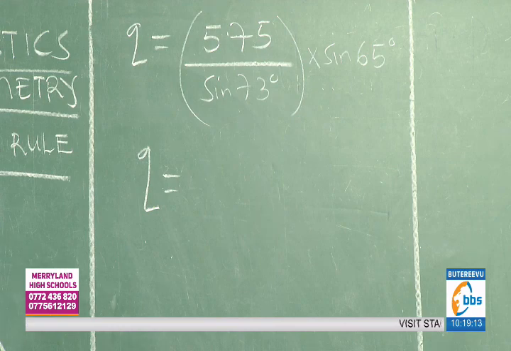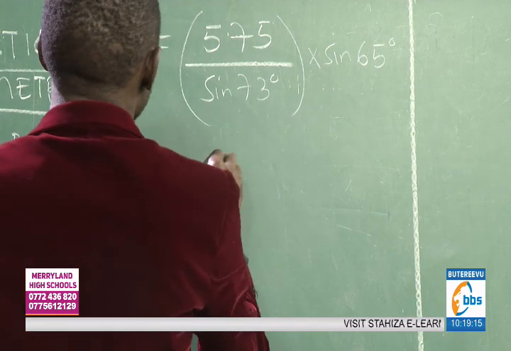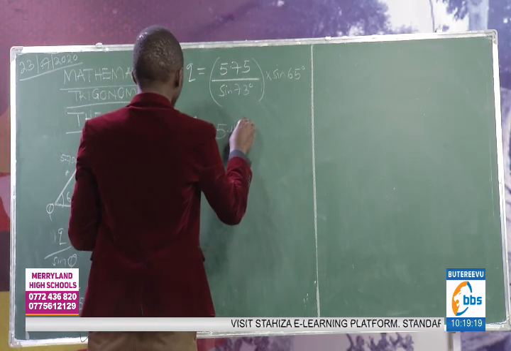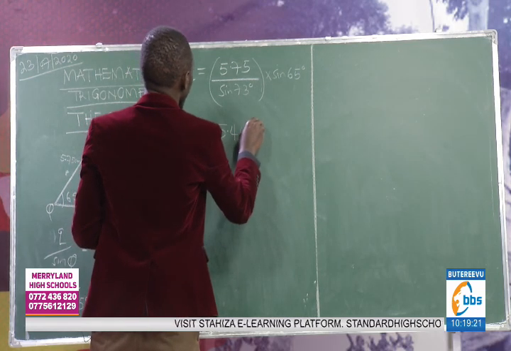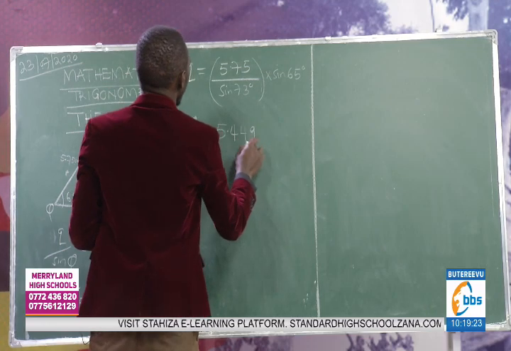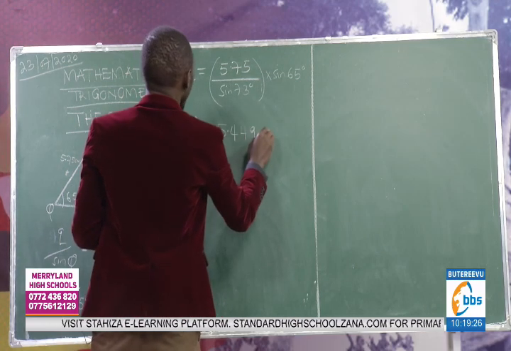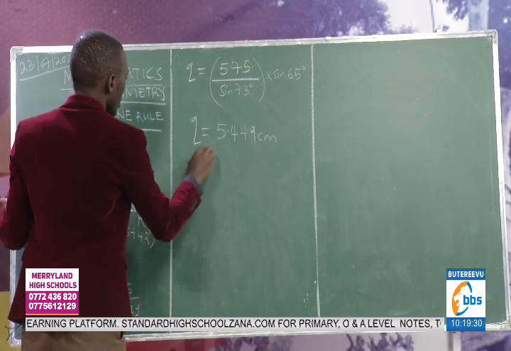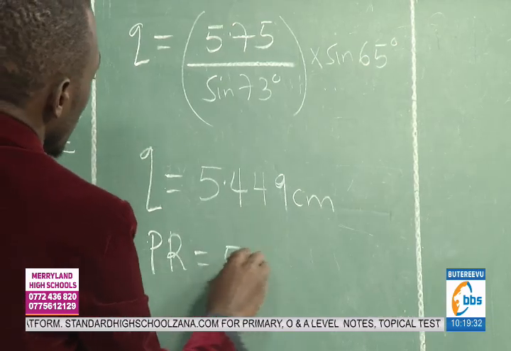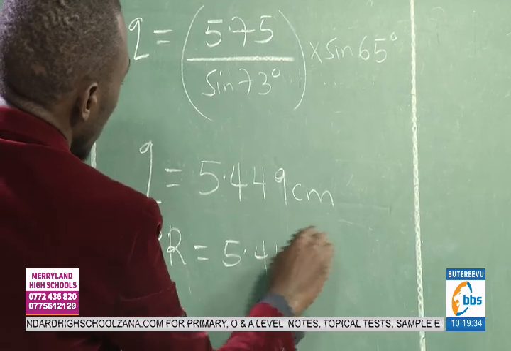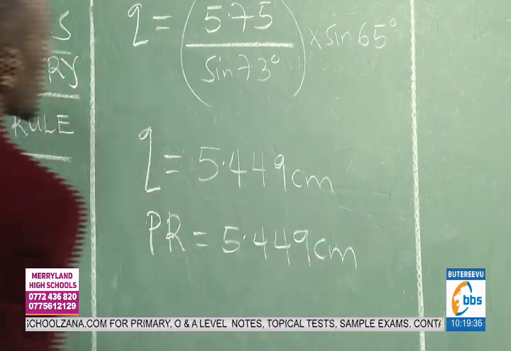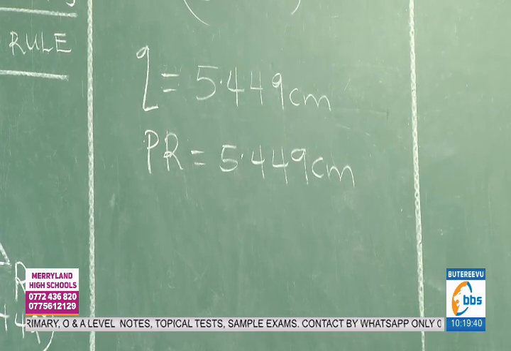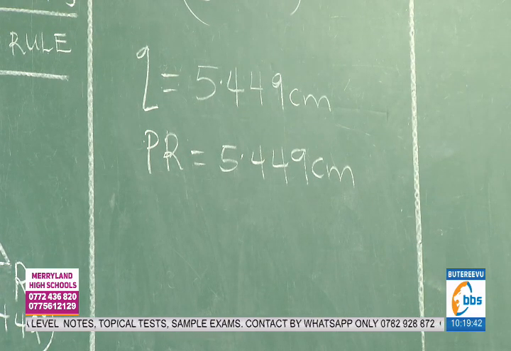So you get the answer as 5.4449, which is almost the same thing as 5.45. So I'll get 5.449. Don't forget the centimeters. So our PR will be equal to 5.449 centimeters. That becomes the answer there, but it's the same thing as having 5.45. So this is how we do it.